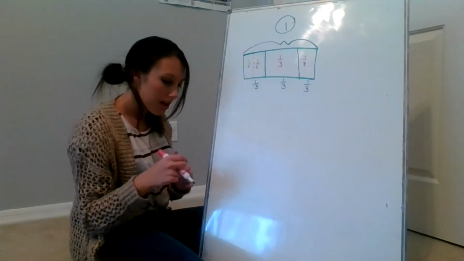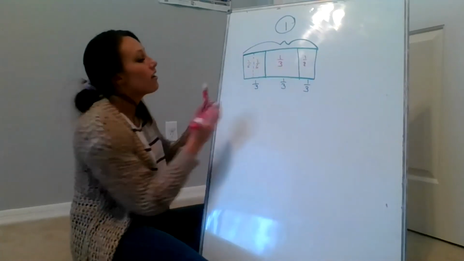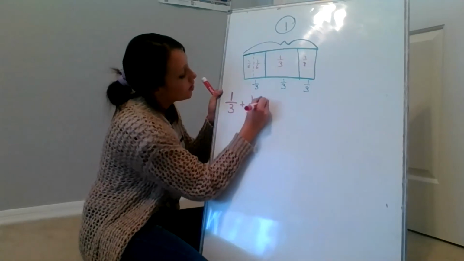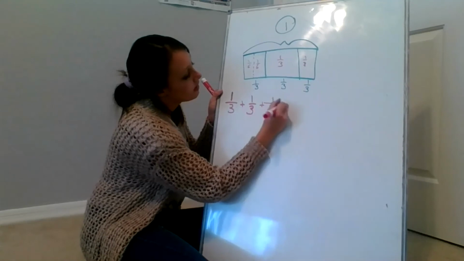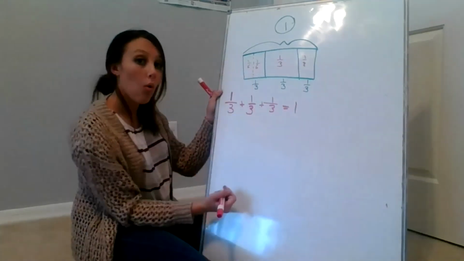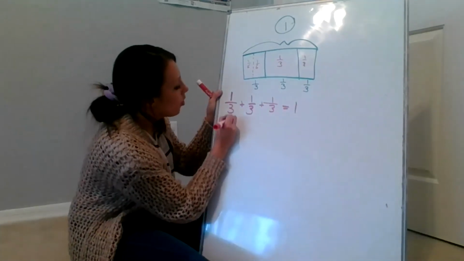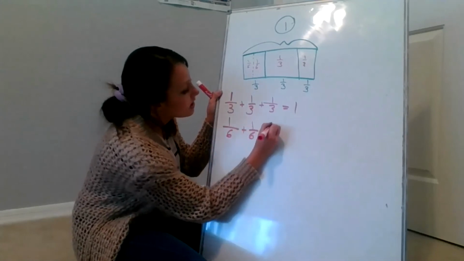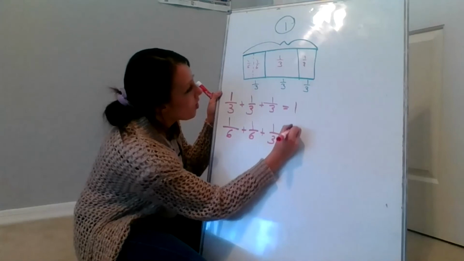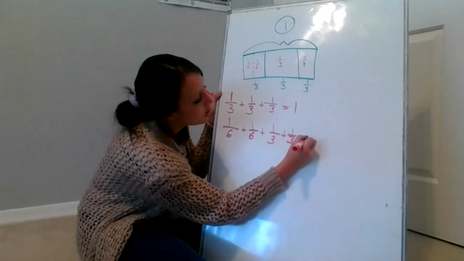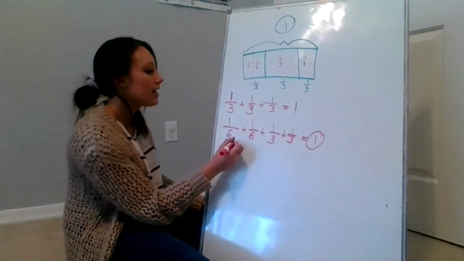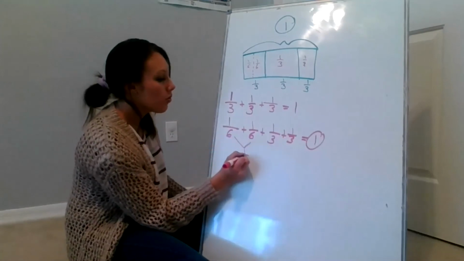So if I was going to write a new equation, I could say that 1/3 plus a third plus a third equals 1 whole. Or I could also say 1/6 plus 1/6 plus my 1/3 and my 1/3 still will equal 1 whole, because 1/6 plus 1/6 is equivalent to 1/3.